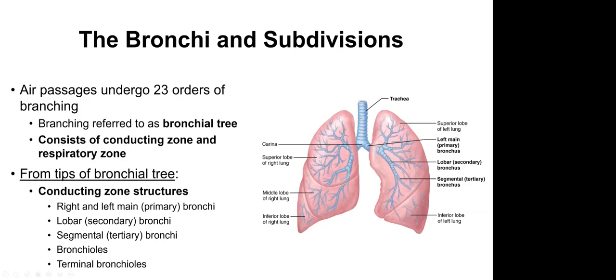So we have the trunk tree that's going to divide into the left and right primary bronchus. And then we have the primary bronchus dividing into secondary bronchi.